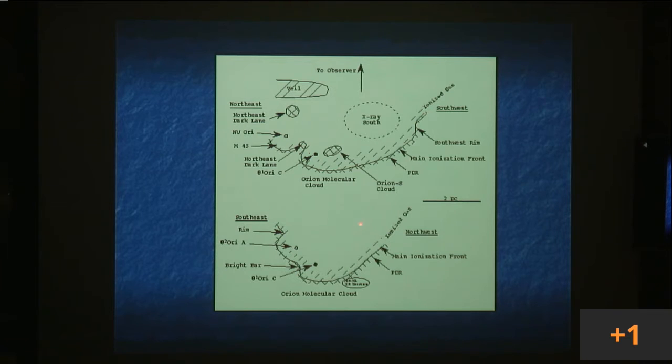Now, Tom and I have a friendly debate whether or not this Orion South cloud is a finger sticking out, or if it, as he argues, is the result of an additional H II region behind the main ionization front.